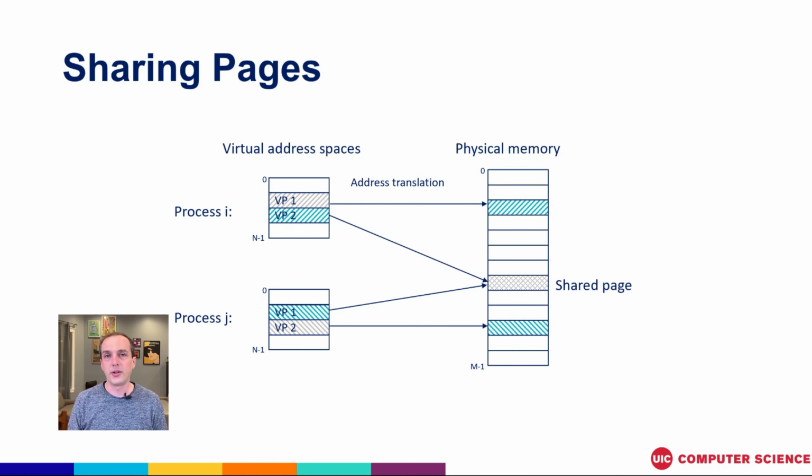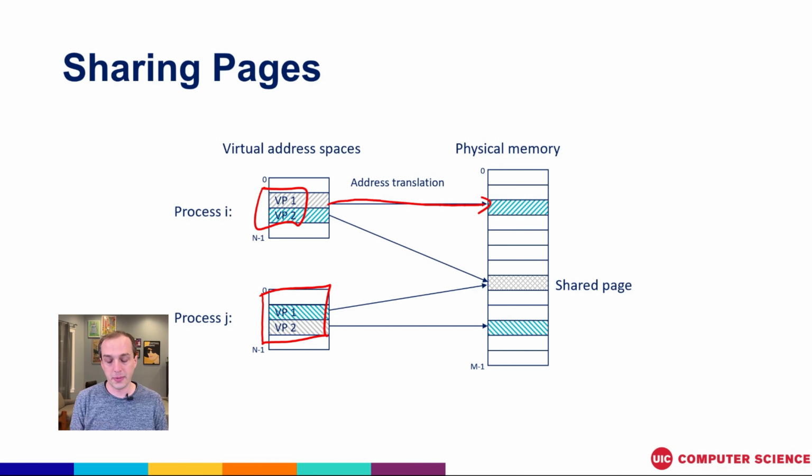So at a basic level, we have this idea of sharing pages, right? We've got virtual pages that are mapped into an individual process, and they can have their own individual virtual address spaces that map those wherever they want. And then that address translation, the page table, translates whatever virtual page 1 is in process I into some page of memory.